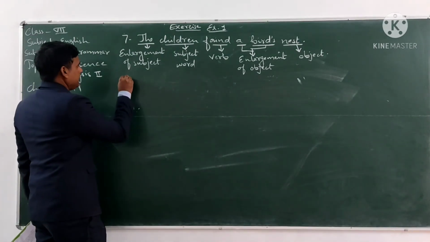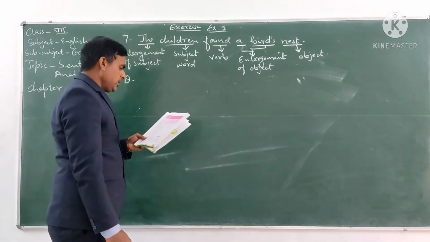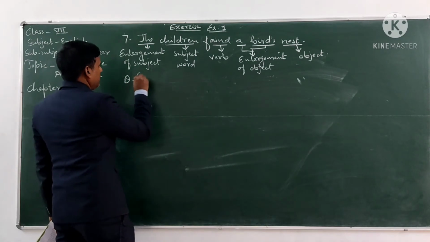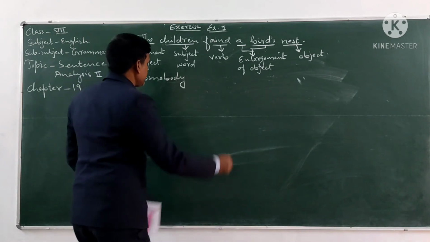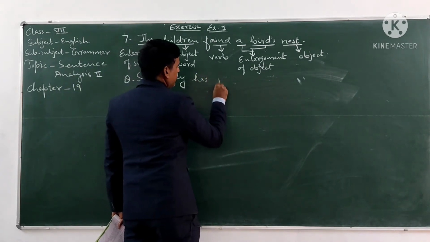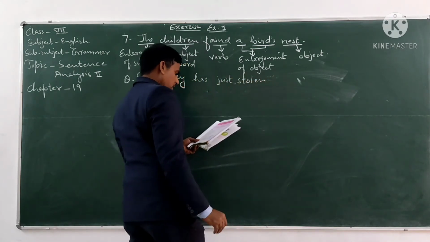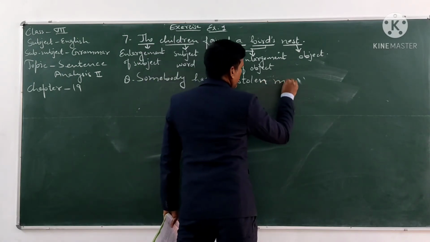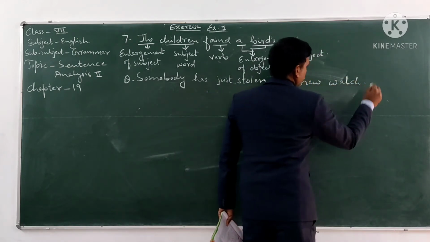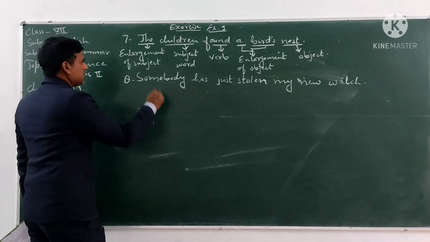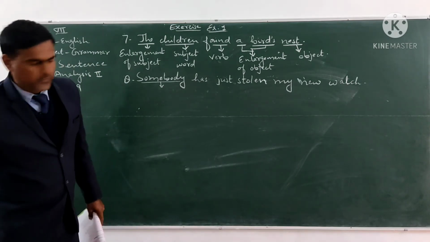Now see sentence number 8. Sentence number 8 is: Somebody has just stolen my new watch. In this sentence, somebody is the subject word.